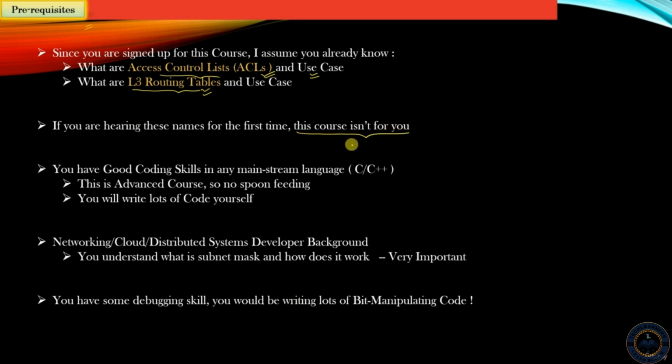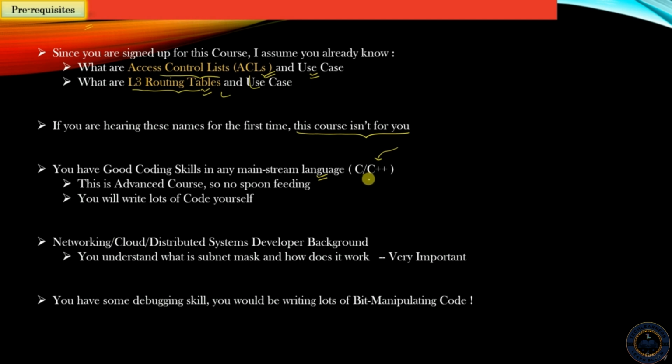You have more homework to do, that is, first get yourself aware what are access control lists and routing tables before jumping into implementing these data structures or features. You have good coding skills in any mainstream language. So in this course, I am going to present all the code demonstrations in the language C or C++.